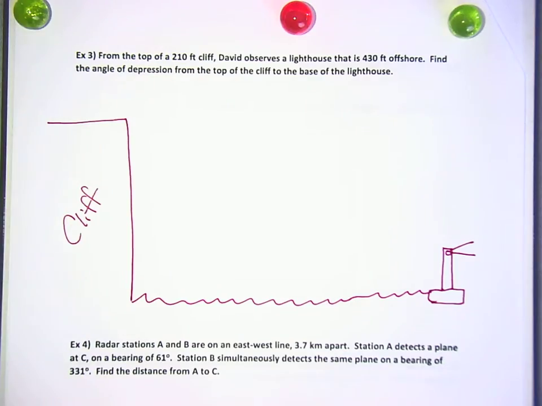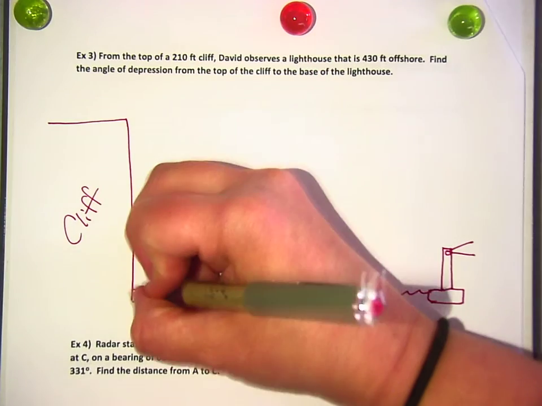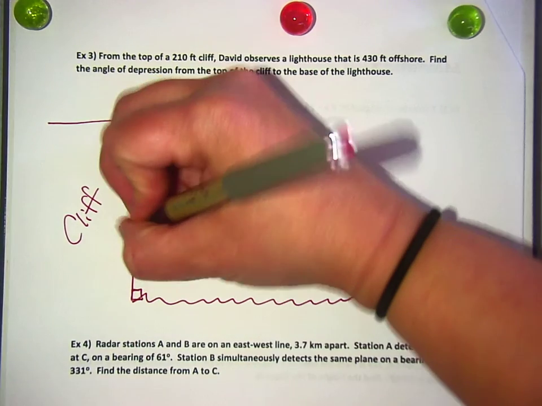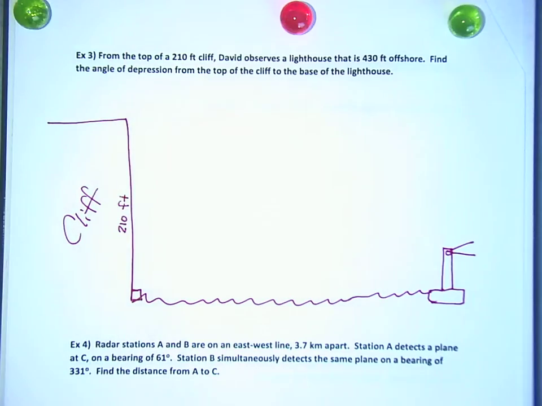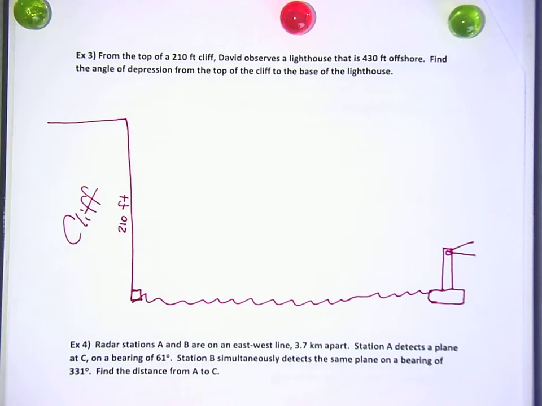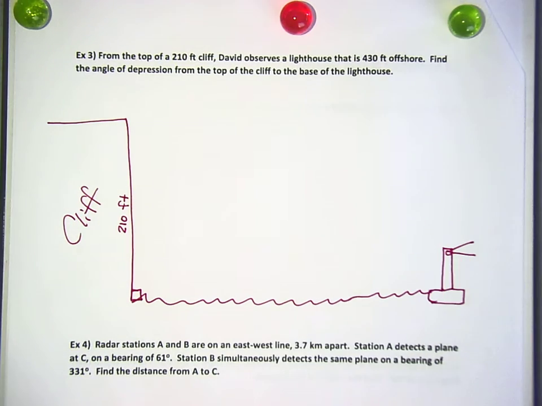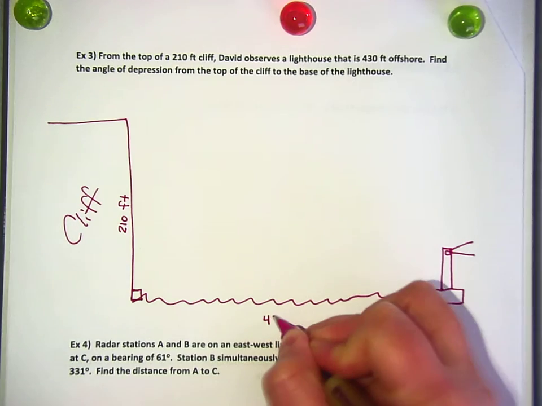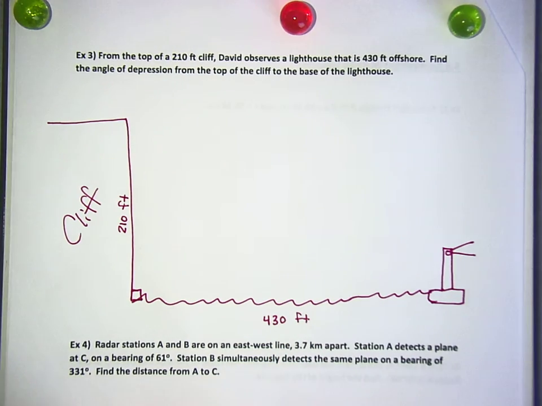You can tell that that's a cliff because I wrote cliff on it. This cliff is 210 feet tall, and they know that this lighthouse is 430 feet offshore.